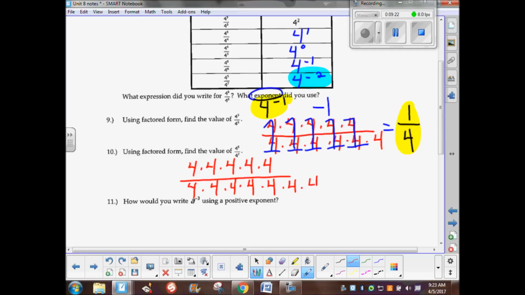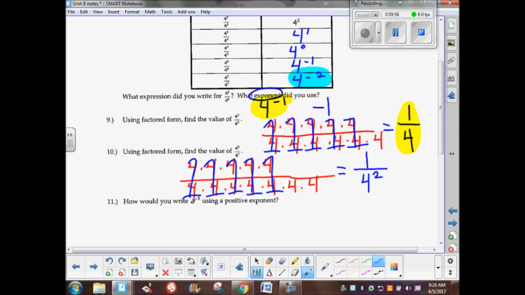Simplify it. What's left in the numerator? 1. What's left in the denominator? 16, but let's keep it as an exponent so maybe you can see something happening here. Careful. It's 4 to the 2nd power, right?